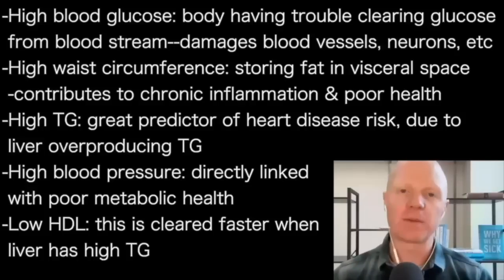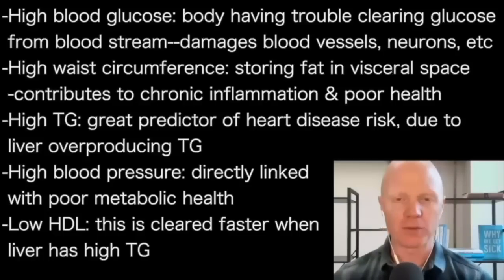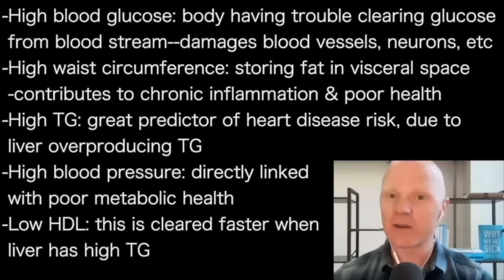In future metabolic classrooms, we will revisit that topic, talking more about fat depots, where we store fat and why that matters. But more visceral fat is reflective of or contributes to higher inflammation and more general poor metabolic health. High triglycerides is a feature of the metabolic syndrome, and it is a very good predictor of heart disease risk. That's influenced by metabolic health.